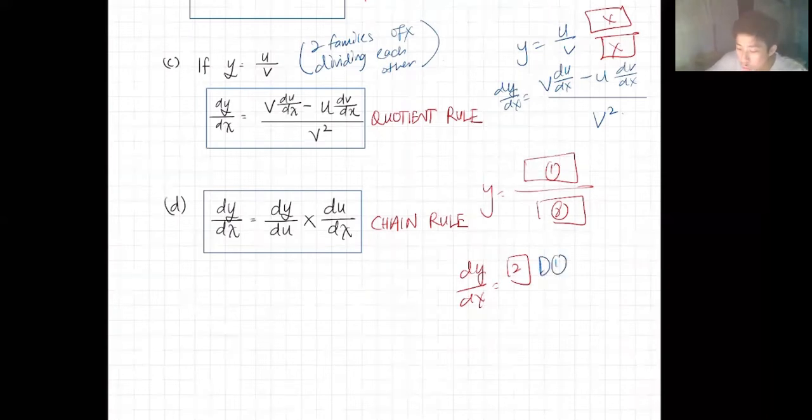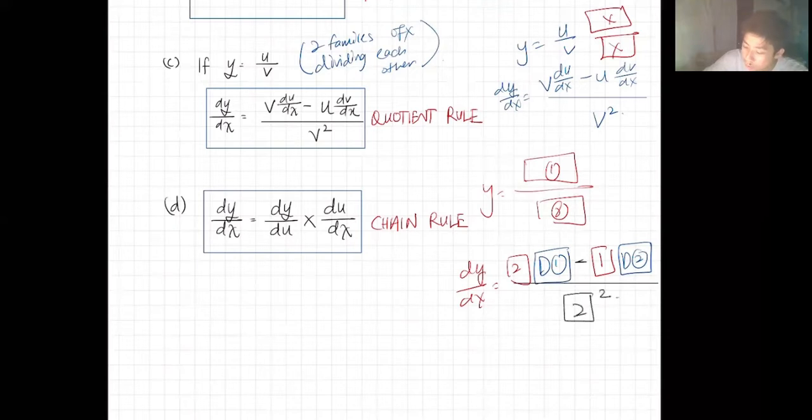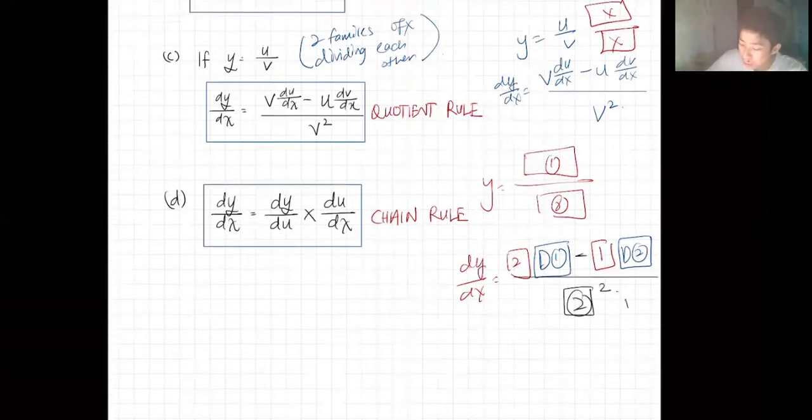You copy the 2, differentiate the first one, then you minus: you copy number 1, then you differentiate the second one, d2. Then you divide with v squared. v is the bottom one, so you divide with 2 squared. The 2 basically means the bottom part, it doesn't mean the number 2. So once you have this, this is the formula.